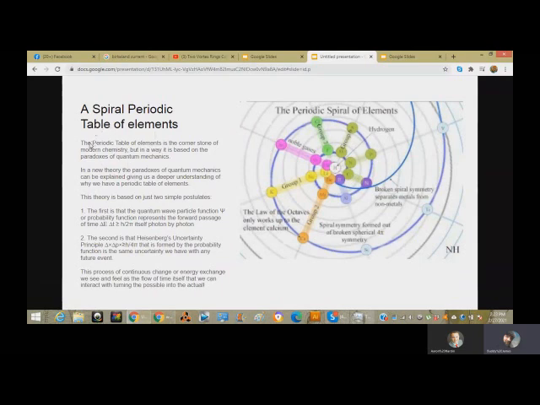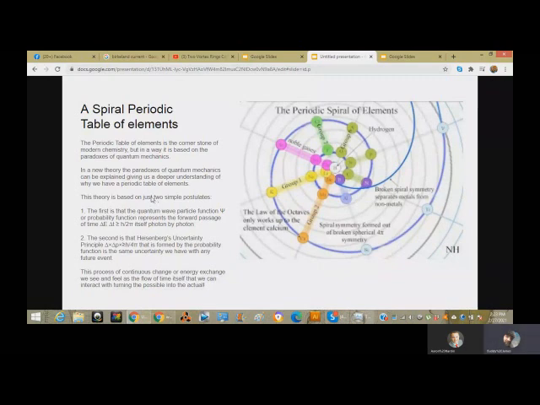So the periodic table of elements is the cornerstone of modern chemistry, but in a way it is based on the paradoxes of quantum mechanics. In a new theory, the paradoxes of quantum mechanics can be explained, giving us a deeper understanding of why we have a periodic table of elements. This theory is based on just two simple postulates. The first is that the quantum wave particle function, or probability function, represents the forward passage of time itself, photon by photon.